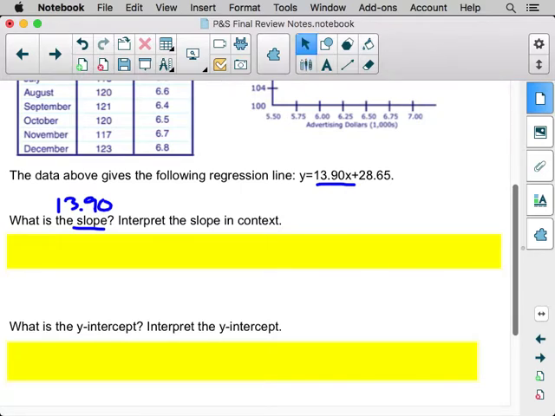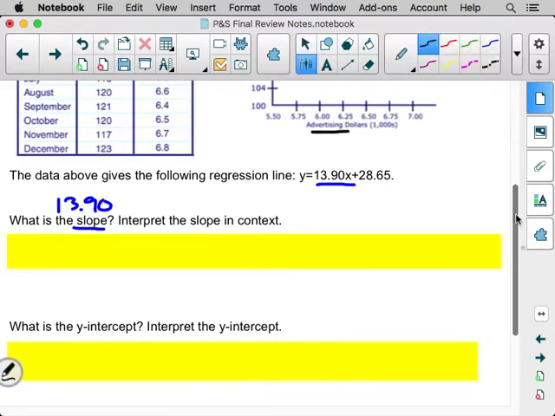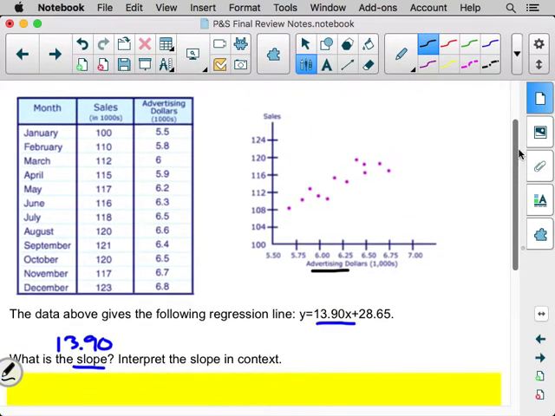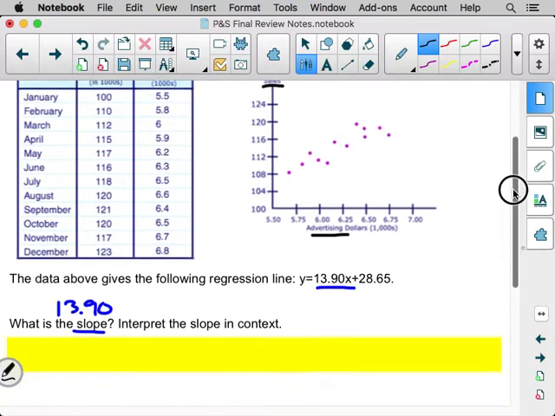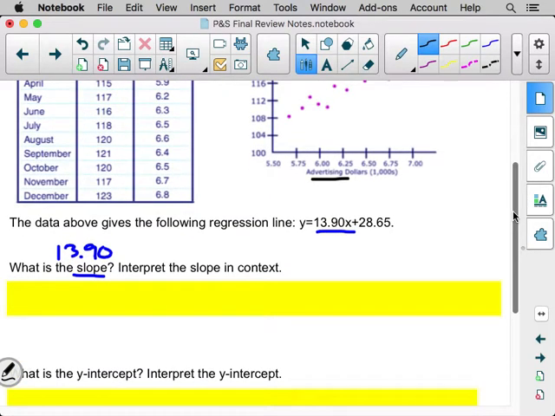Again, what we're saying is, as x goes up by 1, y is predicted to go up by 13.9. Of course, I don't actually want to phrase it that way, because here x is representing advertising dollars, and y is representing sales. So instead of saying when x goes up by 1, I'm going to say when advertising dollars go up.